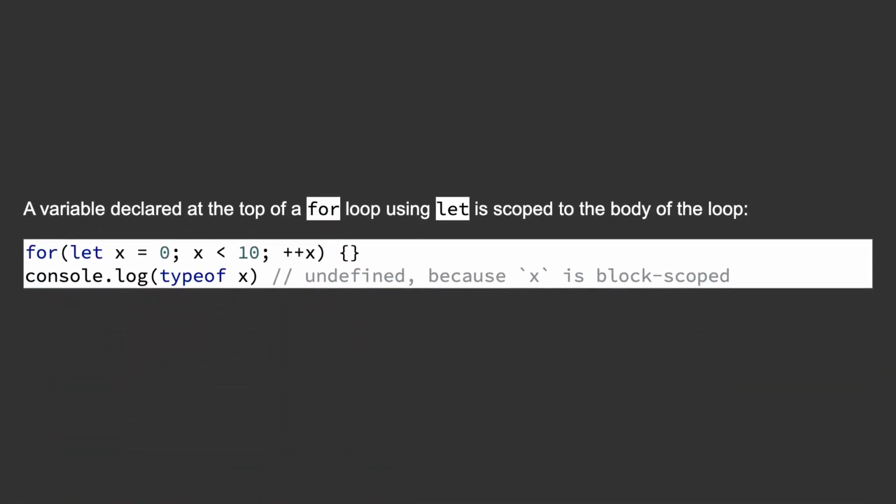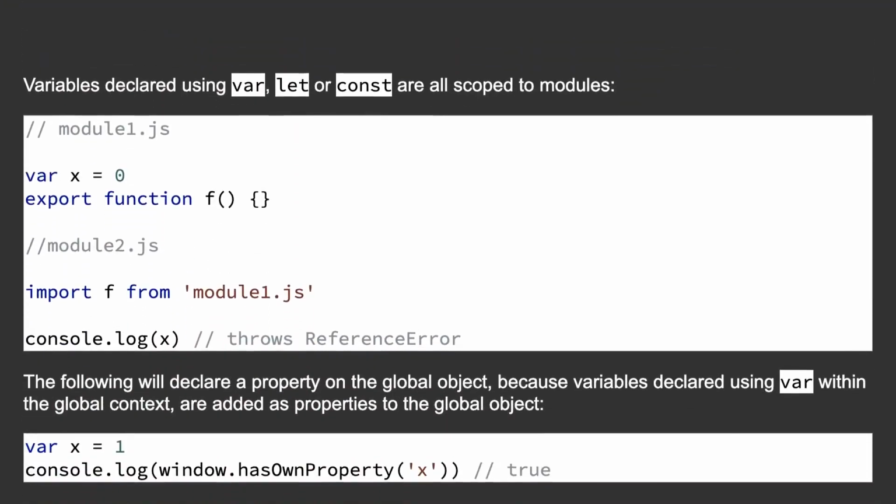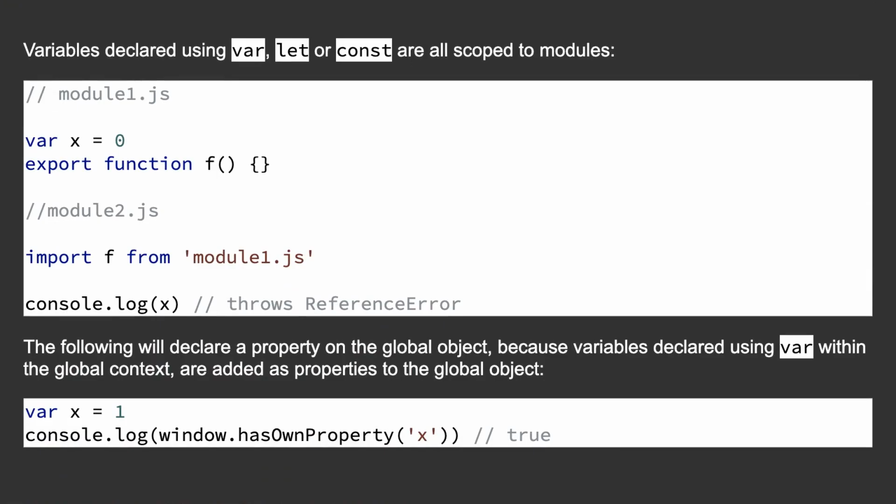A variable declared at the top of a for loop using let is scoped to the body of the loop. The following will throw a reference error because the visibility of X is constrained by the block. Variables declared using var, let or const are all scoped to modules.